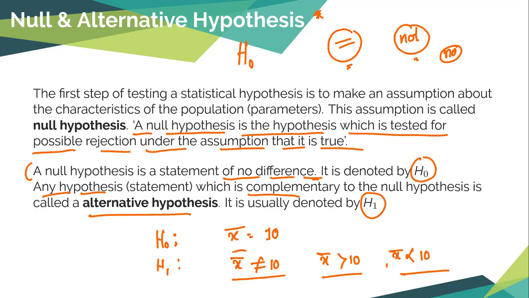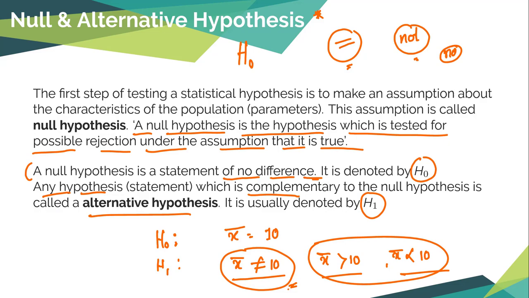If you choose the alternative hypothesis where you use the not equal to sign, that means it can be either greater than 10 or less than 10. That means this alternative hypothesis is a combination of both of these two hypotheses.